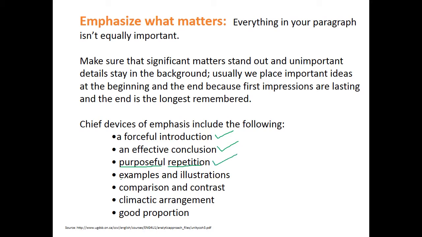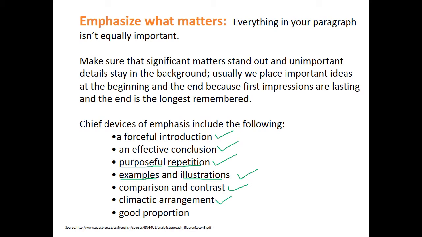Use examples. Stories are wonderful whenever you can use an example of some sort to illustrate a point. Compare and contrast to really drive home a point. Use climatic arrangement. Maybe you want to start out with the biggest detail up front and then work your way down, or you want to start with details and lead up with suspense to this big event that may be happening.